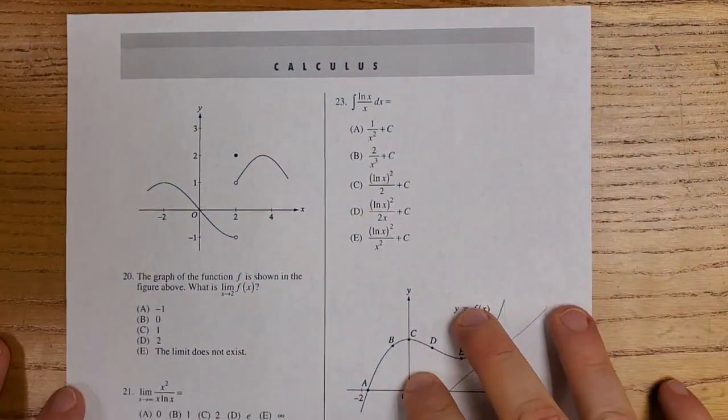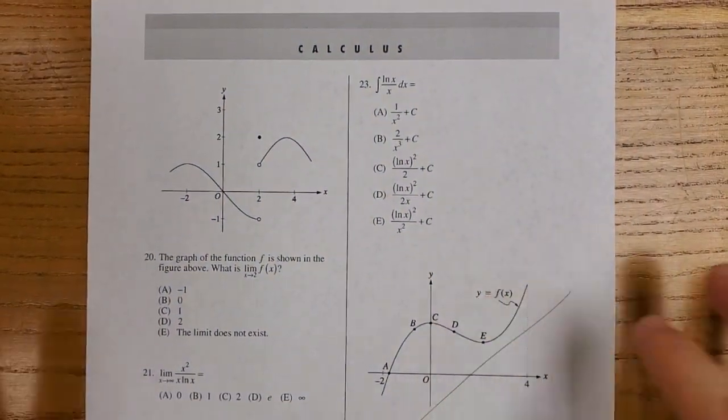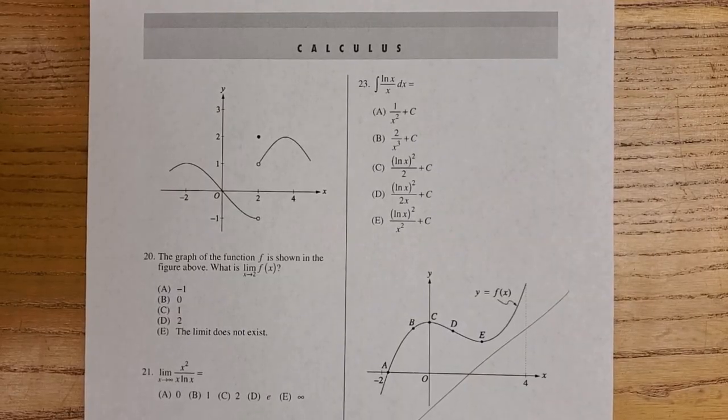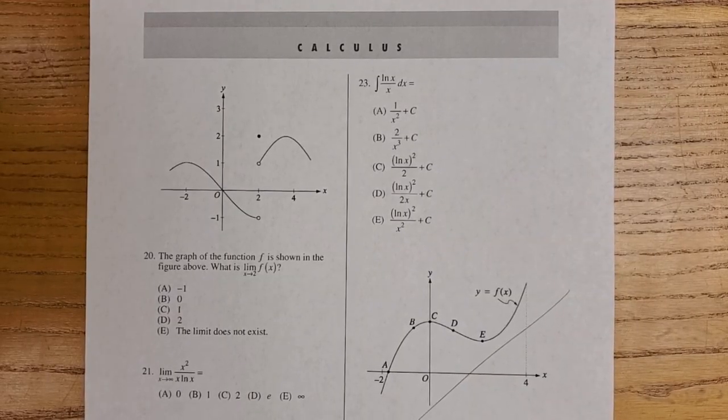Okay, number 20. The graph of the function f is shown in the figure above. What is the limit as x approaches 2 for the function?